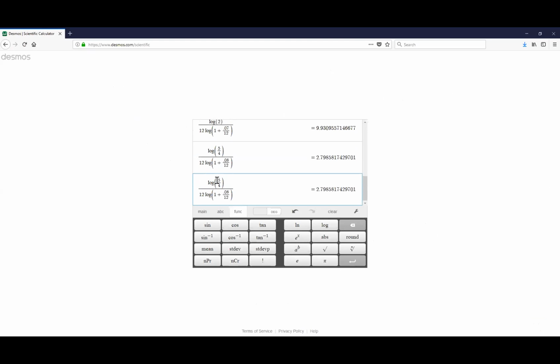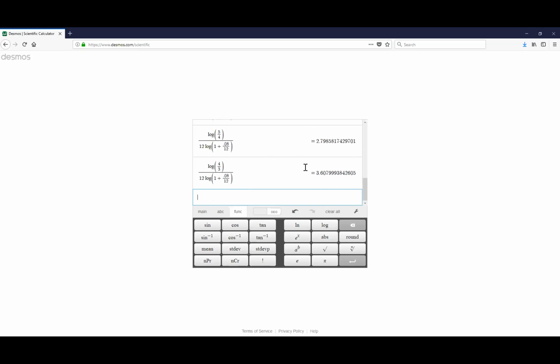Pretty similar expression. And so that's around 3.6 years.